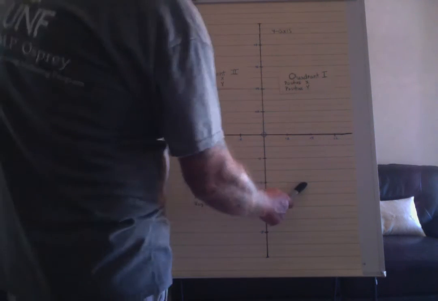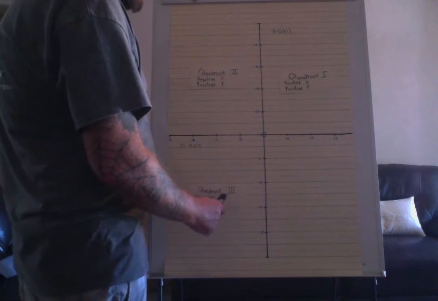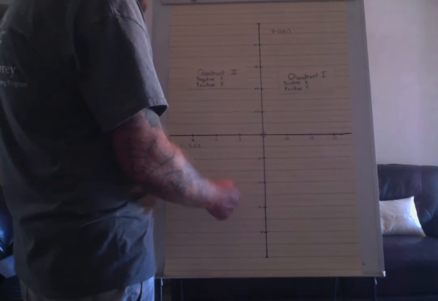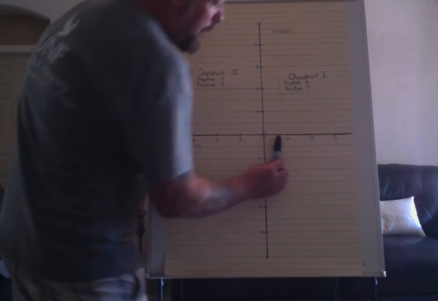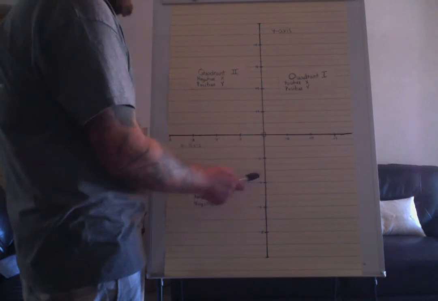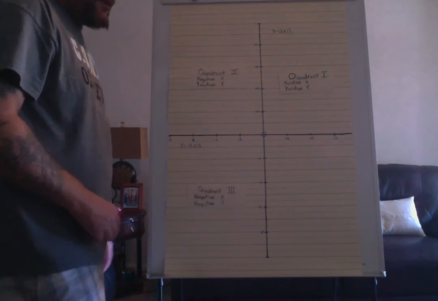Our last quadrant, quadrant 4, is a combination of this quadrant and this quadrant, where all our x values become positive again, just like in quadrant 1, but all our y values are negative, like quadrant 3.